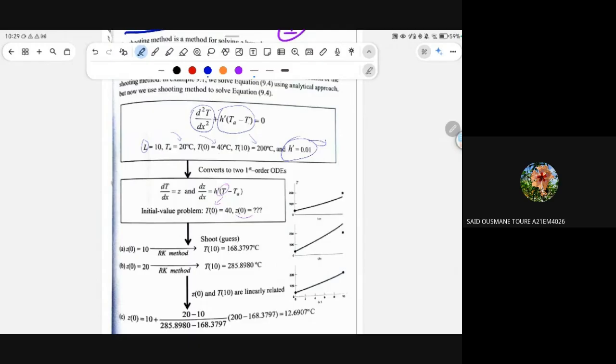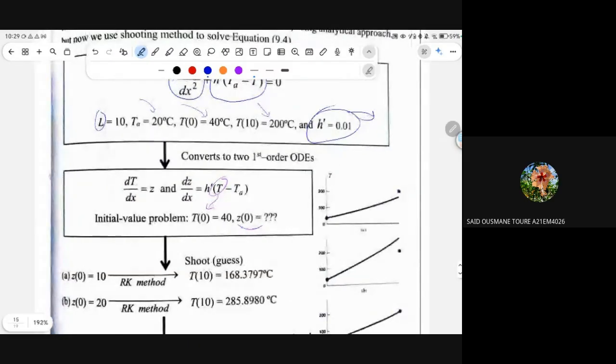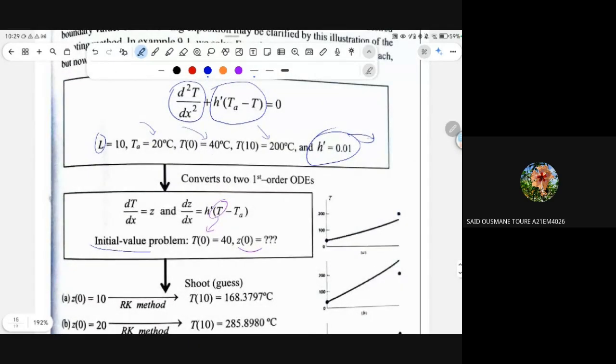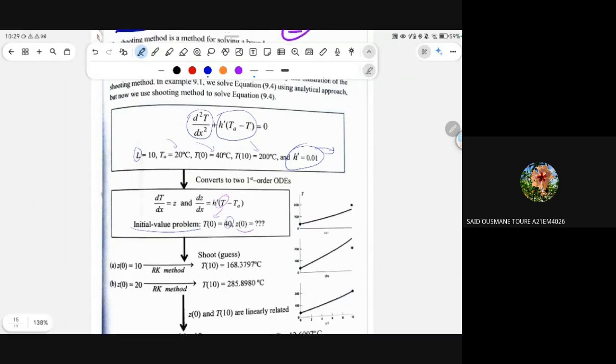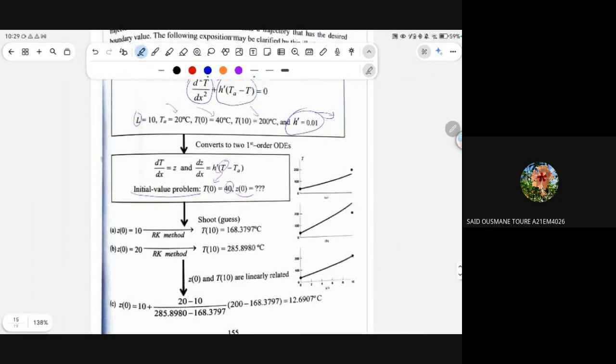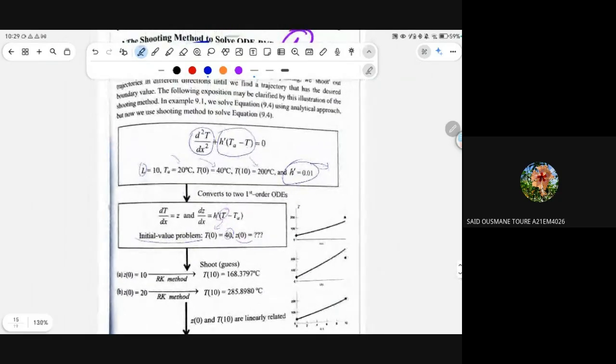And so the T here is the initial value problem, which is 40, and the h here is the heat transfer gradient, which is 0.01. Is it clear? I just took it from the book to make it make sense, but I strongly believe they often make mistakes with it.